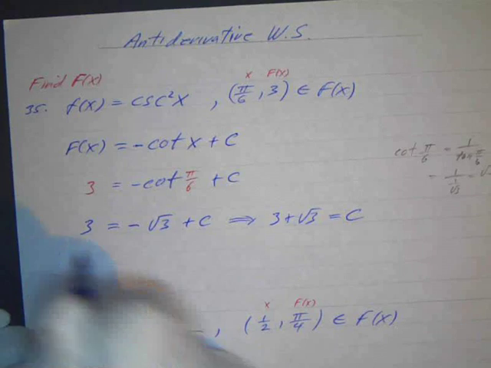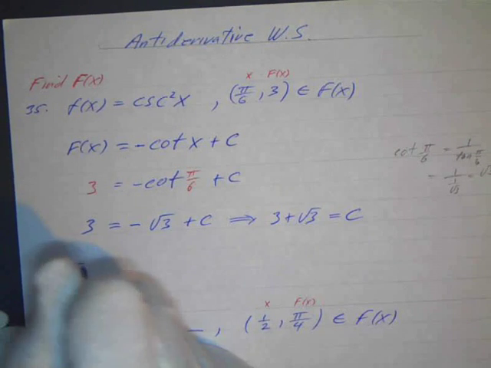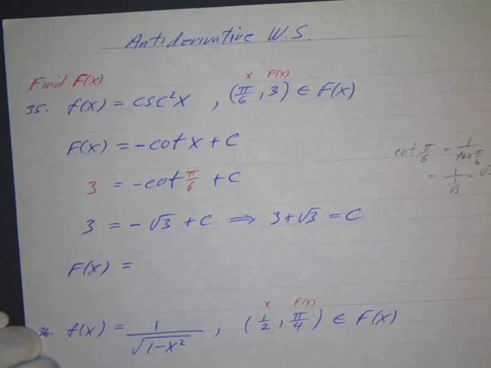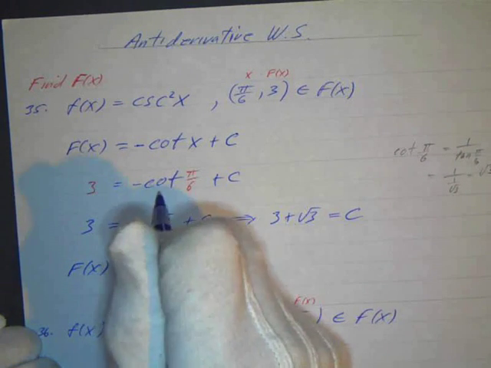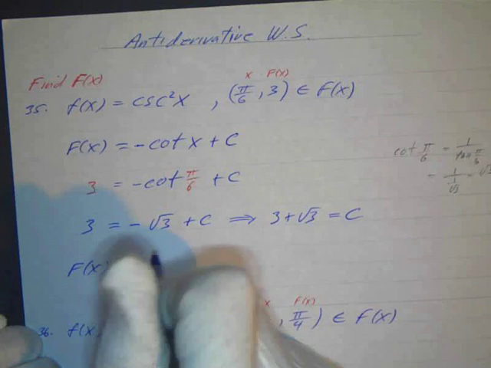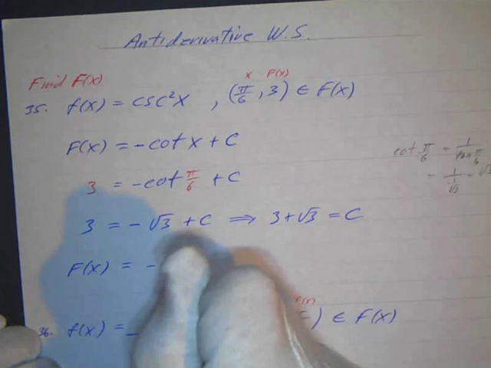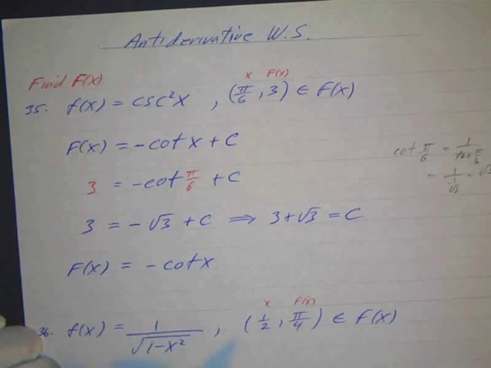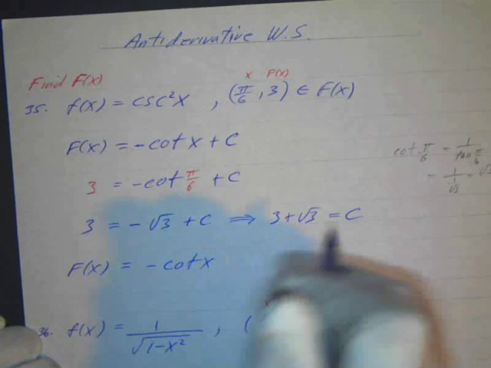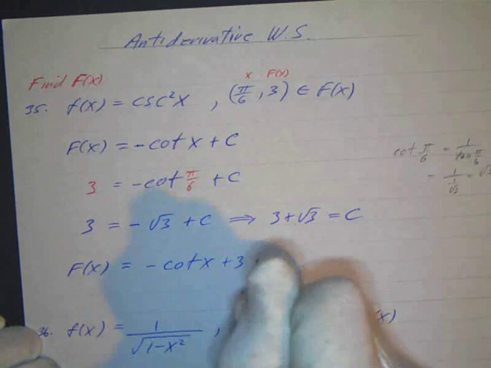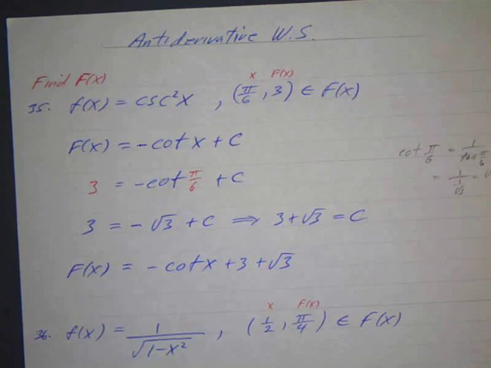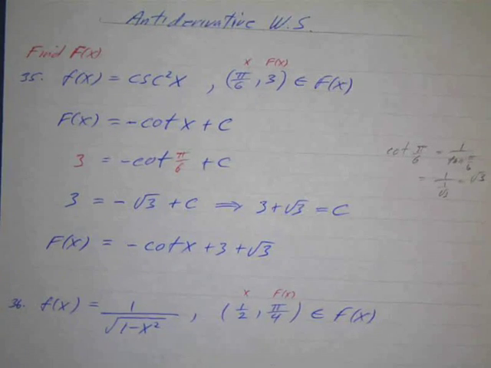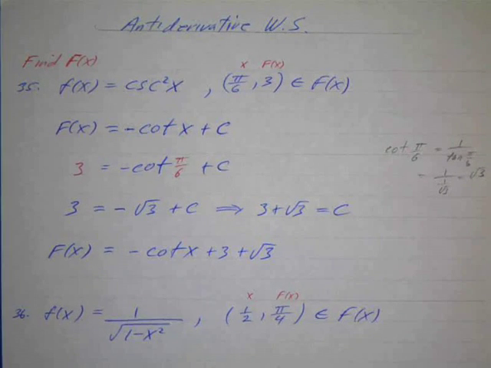So therefore, f of x equals negative cotangent of x, plus c, and c is 3 plus the square root of 3. Okay? So that makes sense.